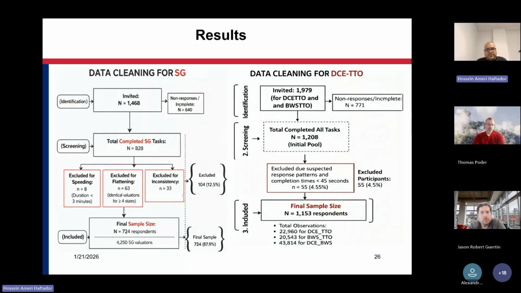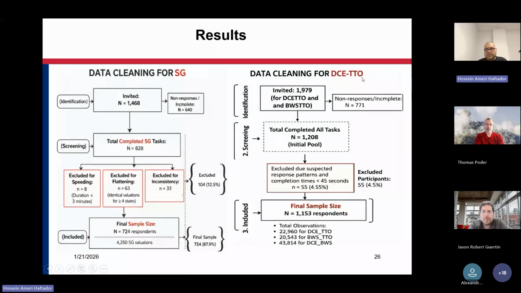For data cleaning, we use 3 steps: identification, screening, included. For the standard gamble, first we invited 1,400. Finally, we had 724 respondents. It means the final sample was 85%.